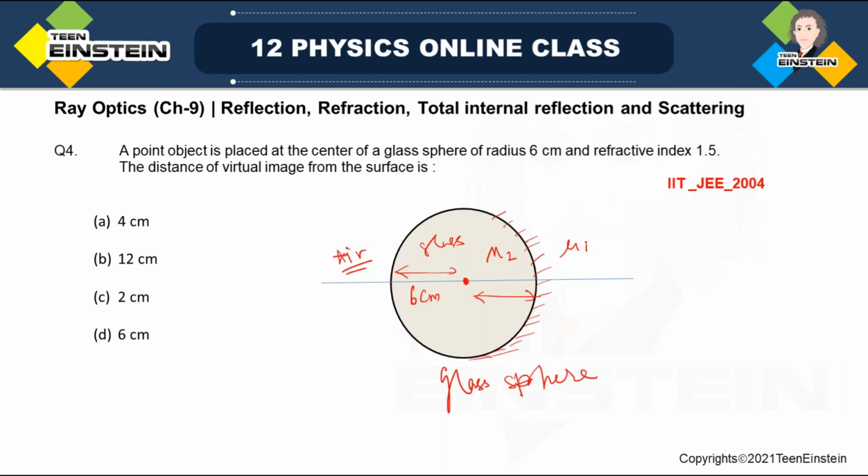say this is mu2, this is air, mu1. Now look, given u, and say this R is the radius of curvature.